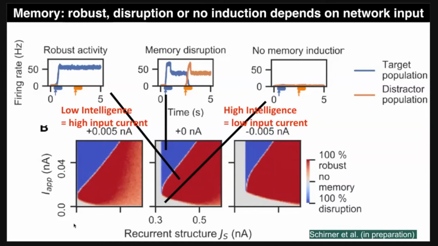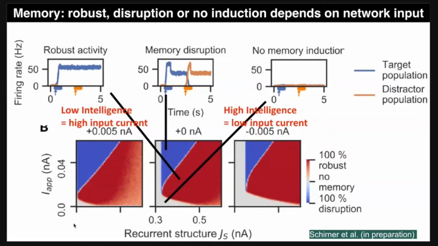Blue shows the areas of memory disruption by the distracting stimulus. Red shows the areas where the memory trace is 100% robustly held. And white areas in the diagrams show the scenario where no memory trace has been generated at all.